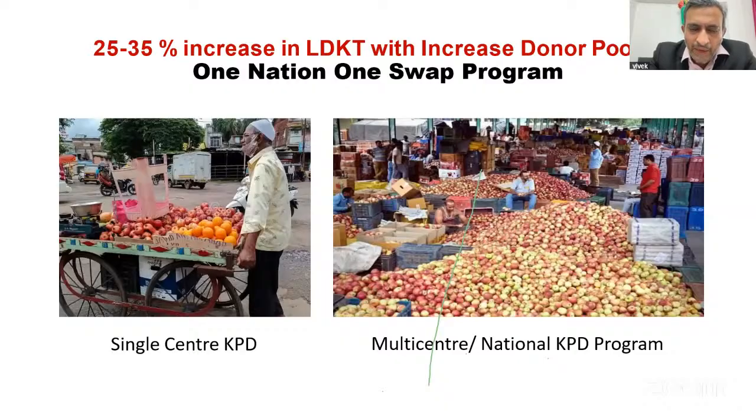One advantage of the national program is that it will increase the donor pool by 25 to 35%. When the donor pool increases, it will also increase the quality and quantity of matching, especially access for difficult to match patients, O group patients and highly sensitized patients.